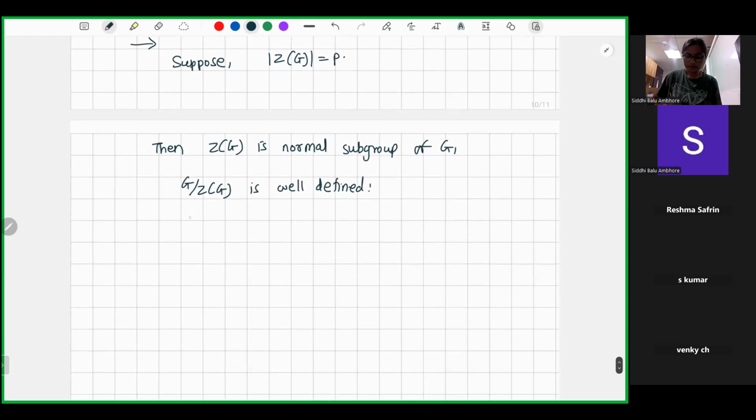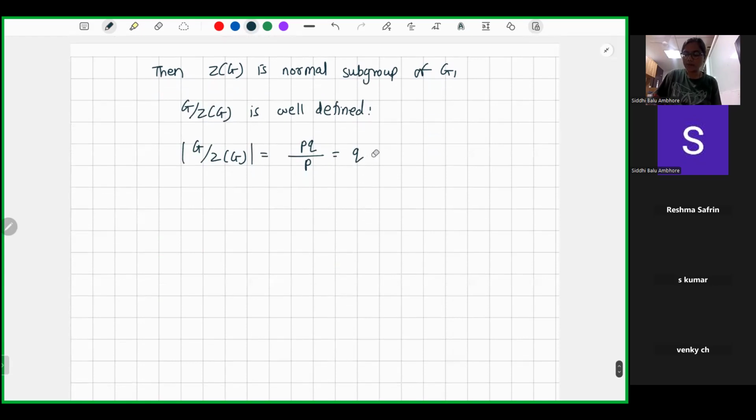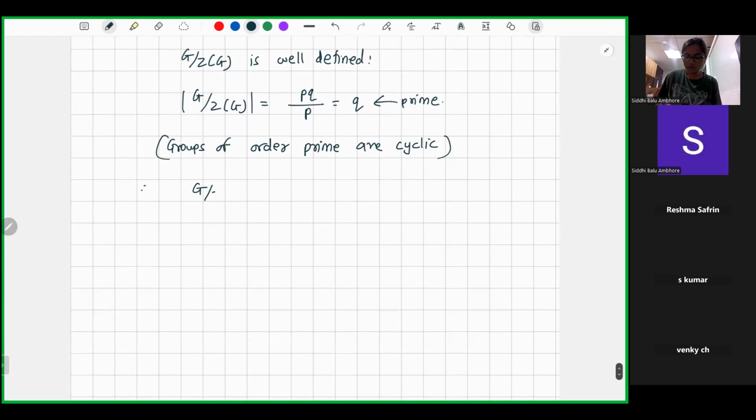But then the cardinality of G mod ZG is what? This is PQ by P, so it is Q. And Q is prime. So groups of order prime are cyclic. Therefore this G mod ZG is a cyclic group.